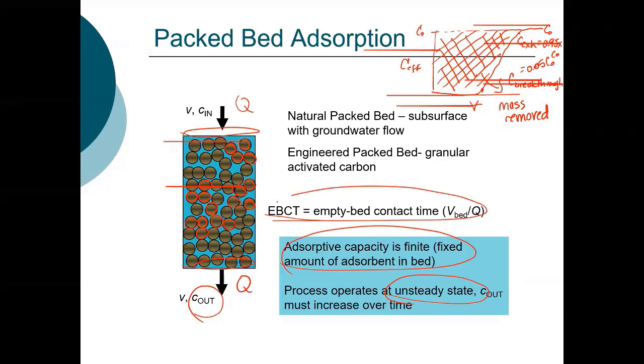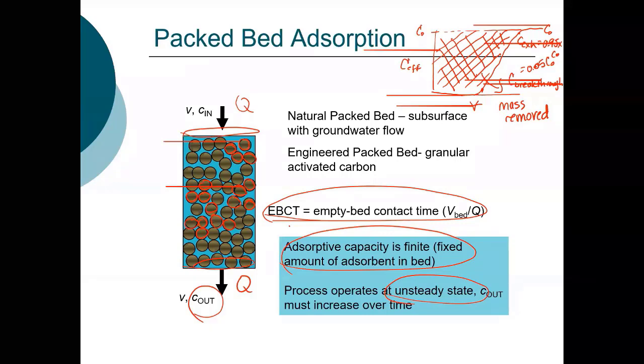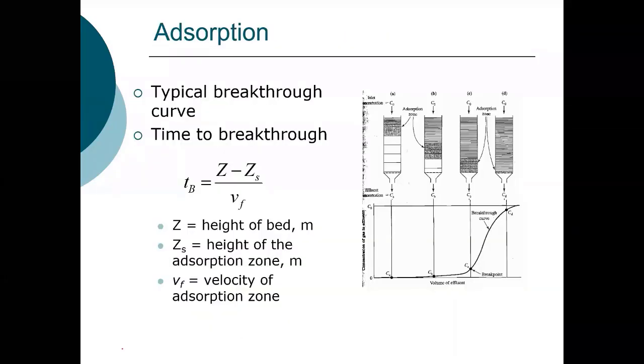And the other term that we need to think about is what we refer to as the empty bed contact time. And that is the volume of the bed empty divided by Q. So that term is often used in describing these systems. So what you see here is essentially what I drew before. This is what we refer to as a breakthrough curve.